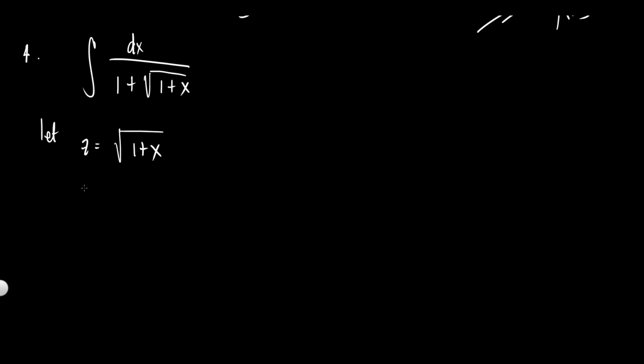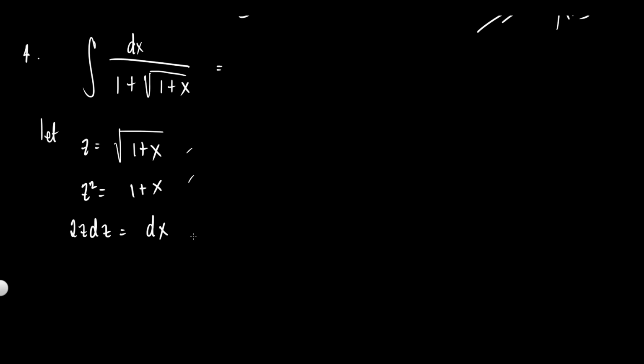Then let's square both sides. We have z squared equals 1 plus x. Then differentiate. So we have 2z dz equals dx. Correct? Yes. Now substitute naman.